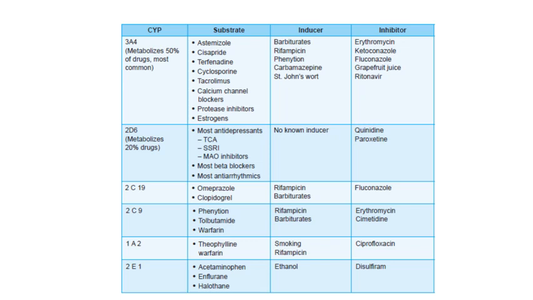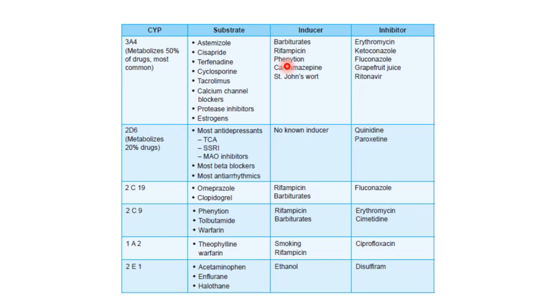Like here, the metabolic activity of the enzyme 3A4, which, as we said, metabolizes most of the drugs, around 50% of the drugs. It has a very long list of substrates. There are drugs that can induce the activity of these enzymes, like barbiturates, rifampicin, phenytoin, and carbamazepine.